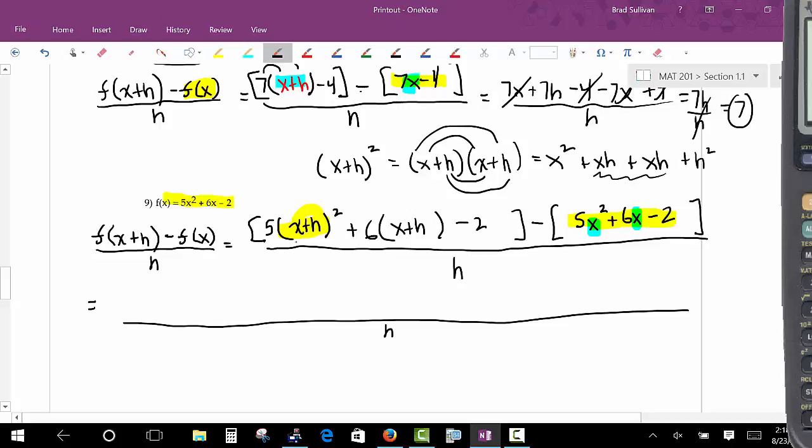So the result of x plus h squared, I'm going to put as x squared plus 2xh, because those are like terms, plus h squared, and then I still have the 5 in front of that. Okay?